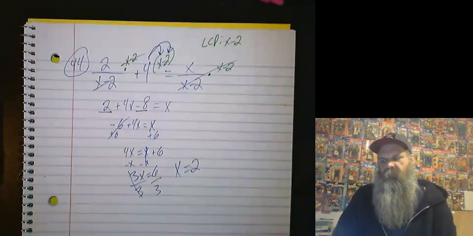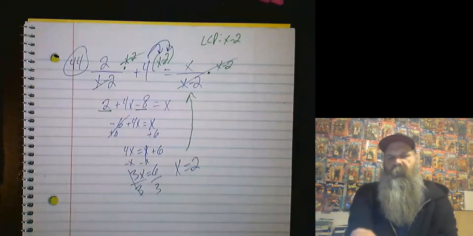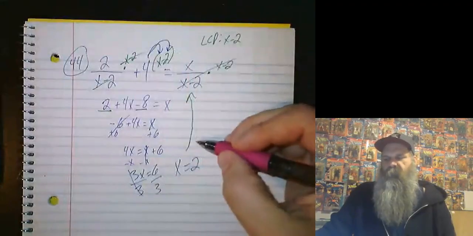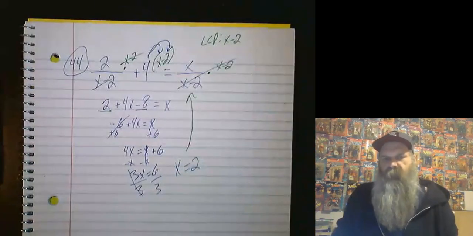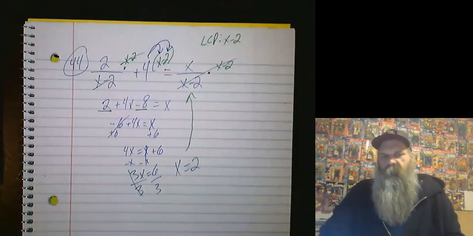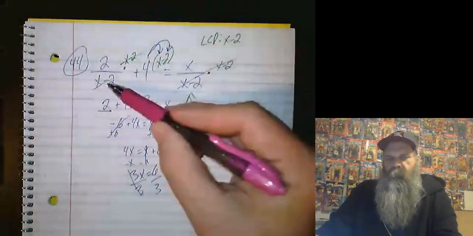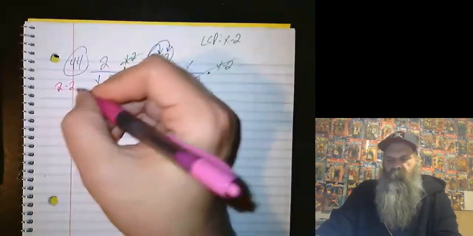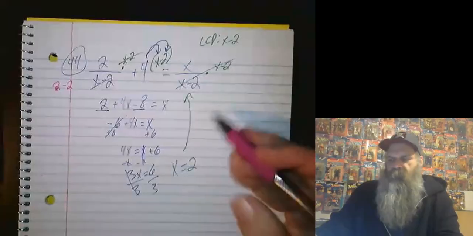But oh wait, isn't this interesting? If we go back to the original problem, as we work it out, we get a solution of 2. But just like the square root equations, you can get false answers. Here, if we plugged in 2, what would be in the denominator? 2 minus 2, and that would be 0, which x could not equal.